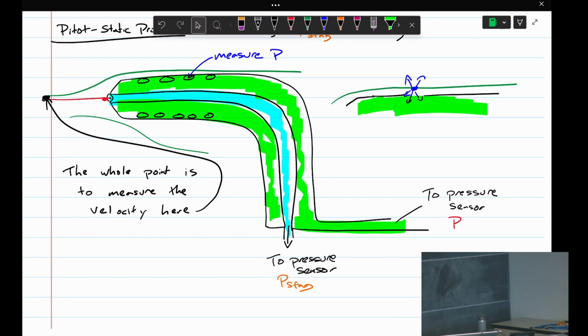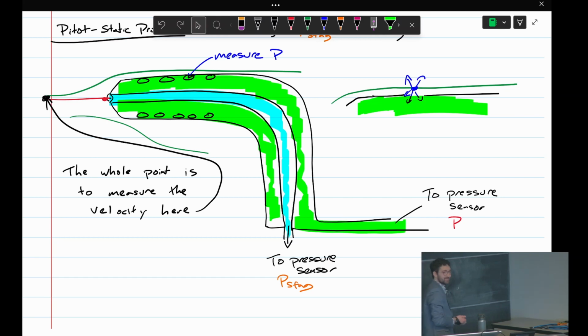If this probe backs up your flow, the velocity will actually slow down. So you get a whole stagnation region here. So it won't give you a reliable reading of the pressure out in the free stream, or the velocity out in the free stream. So usually these are really, really thin devices because you don't want them to actually disrupt your flow. Also, it would just be an additional source of drag.